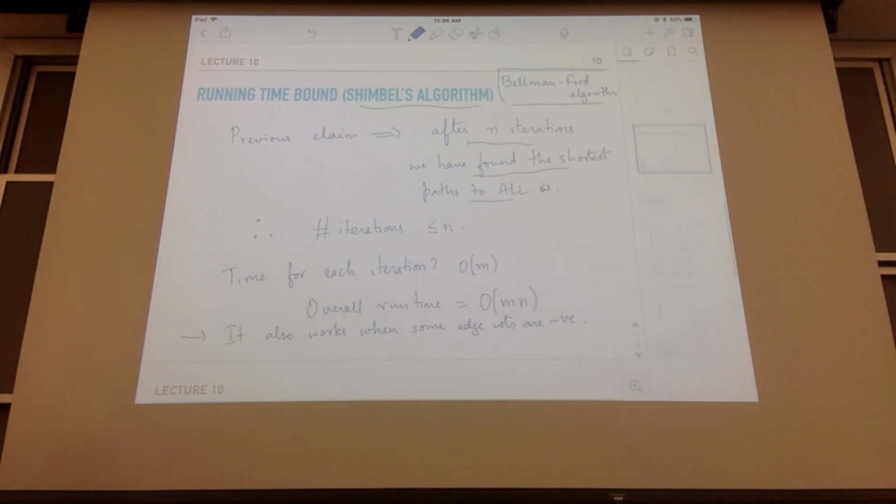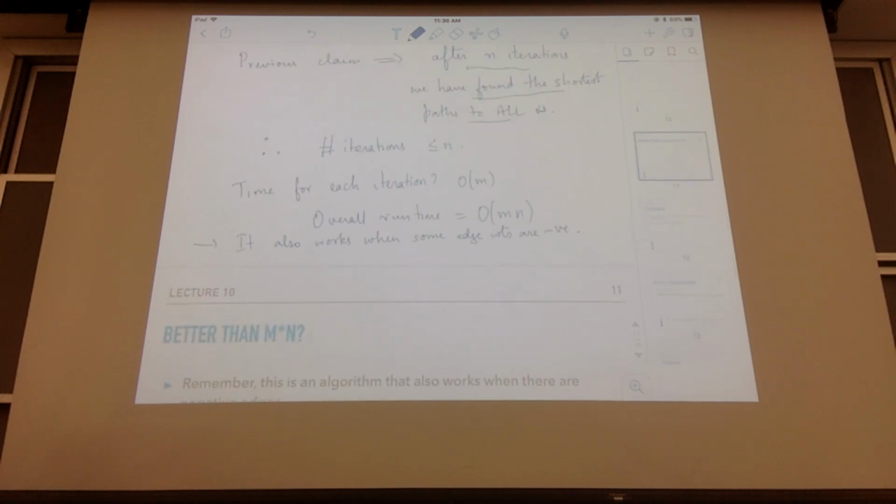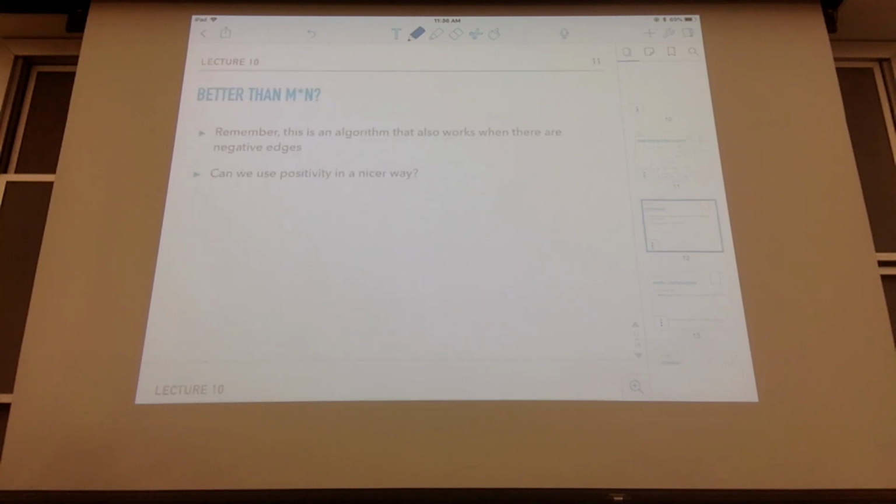Now the question is, can you do better than this m times n bound? Of course, it takes only m plus n time to write down the graph. You just have to specify the edges and the vertices. But this is using significantly more than that.